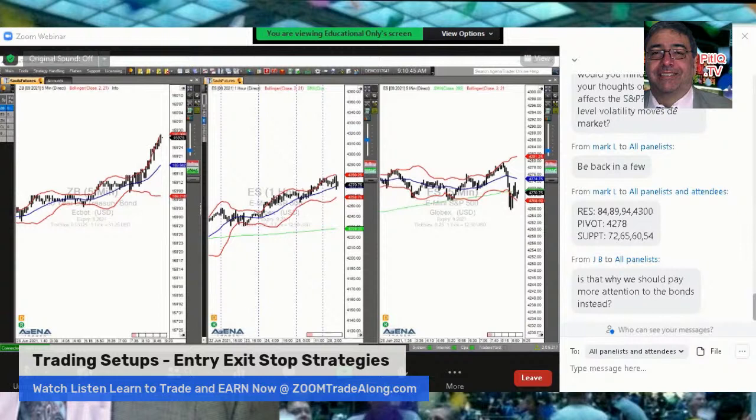So the more reasons you have to enter a trade, the more confidence you have in entering the trade versus trying to get another market to help you with your entry point. The bond market used to be a good place to look for help in the S&Ps, but unfortunately, they have gone their own way.